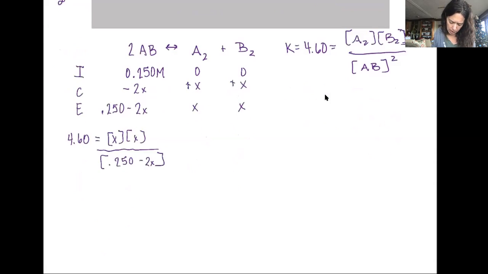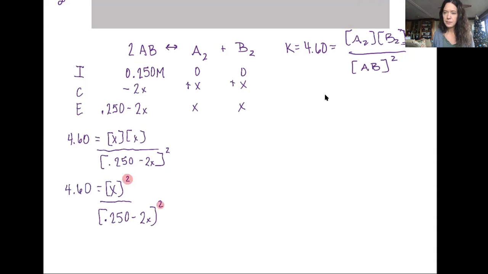What you need to see is that that's squared. 4.60 equals x squared over 0.250 minus 2x squared. Now what's happened is we have a perfect square.